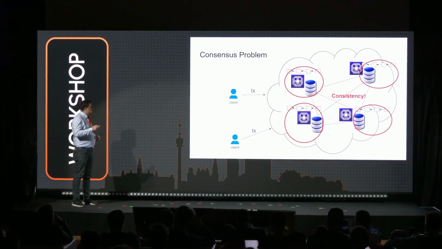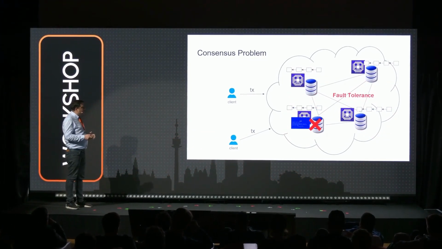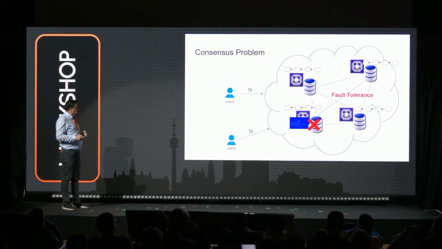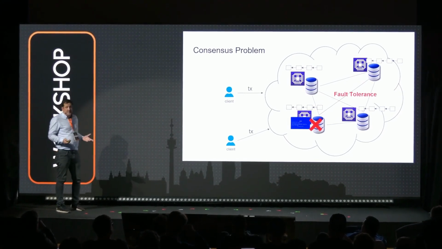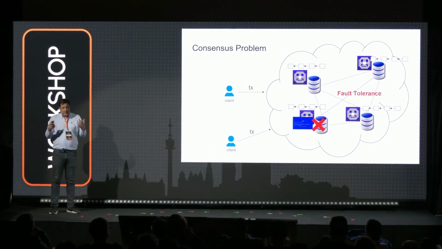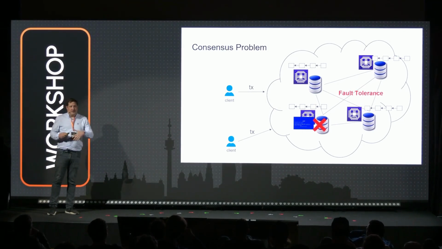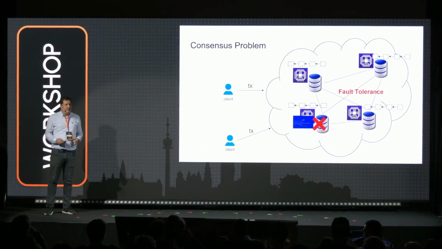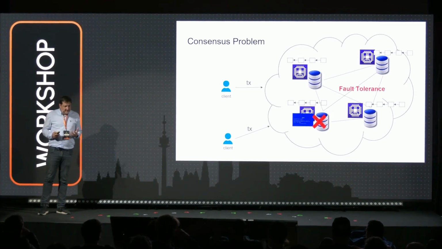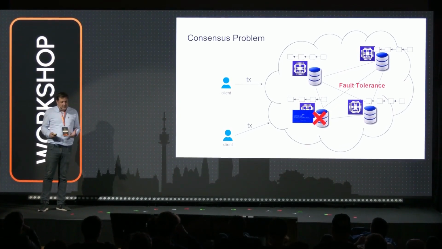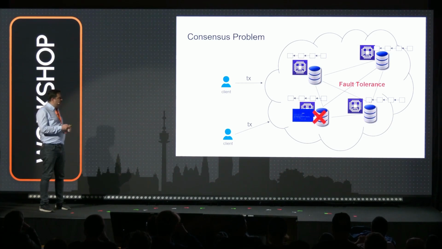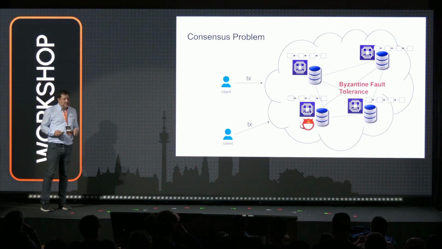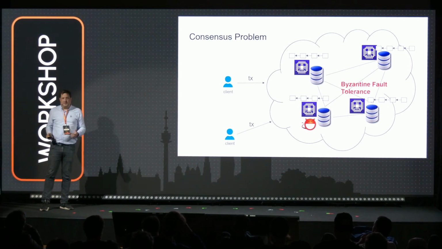Now, this has to be done also when we have faults happening. So a computer could go down, and we can't just have the blockchain stop working. We need it to continue working. What makes blockchains even more interesting is that we also have to account for nefarious actors, so-called Byzantine nodes.